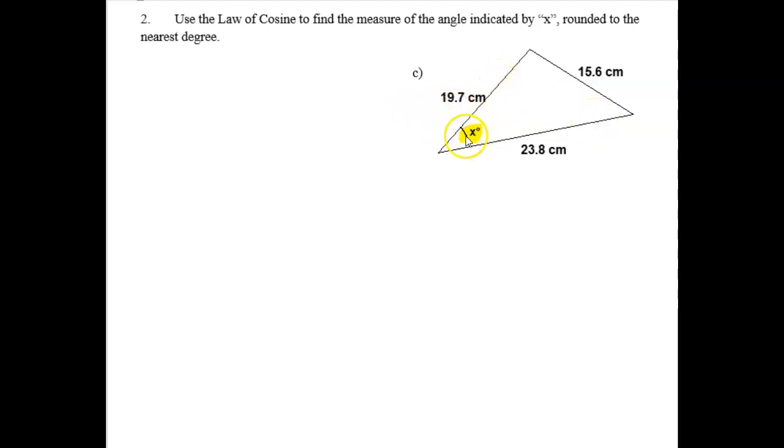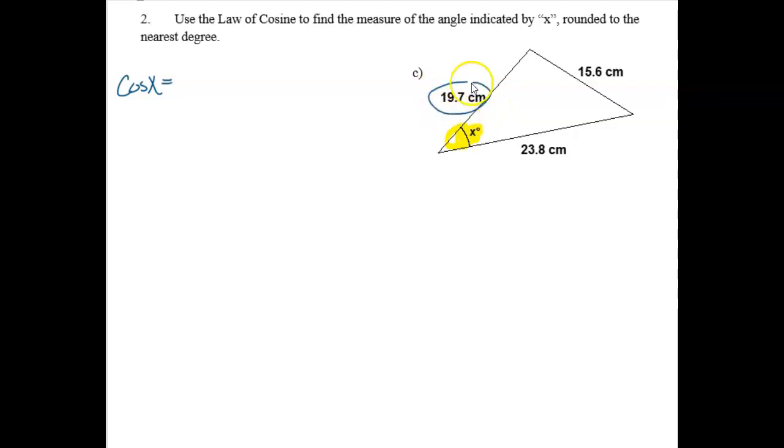So, to find the angle, you would write cosine and whatever the name or letter used for the angle. So here it's x. So cosine x is equal to.